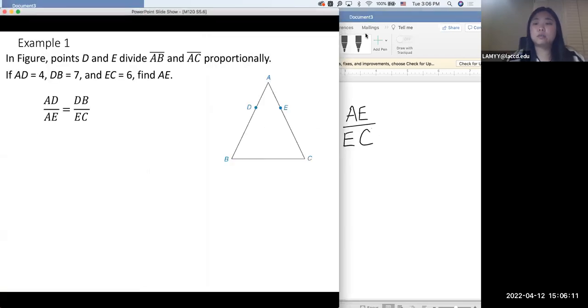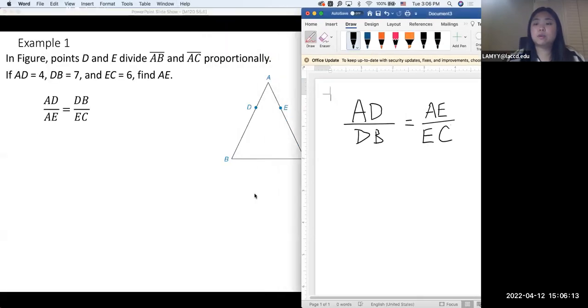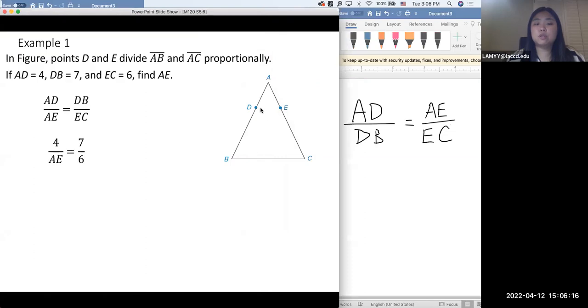And then plug in the numbers. So you have 4 over AE equal to 7 over 6. And then you're going to use the cross multiplication method. So you should get 7 AE equal to 24.